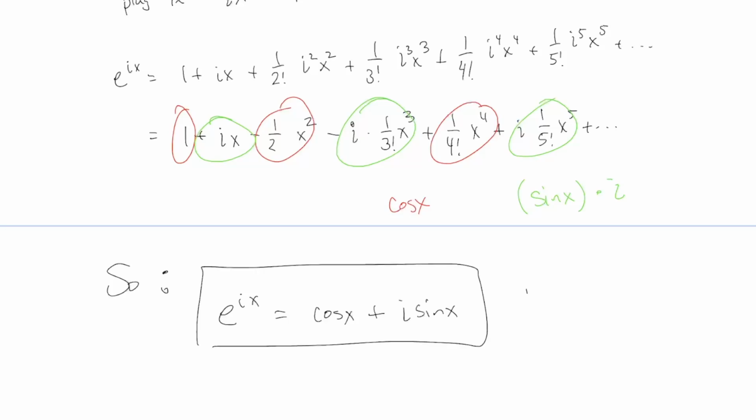And this is referred to as Euler's identity or Euler's formula or something like that. This is the relationship between the function e to the x and the sine and cosine functions, all right?